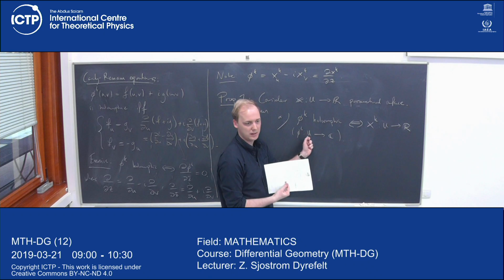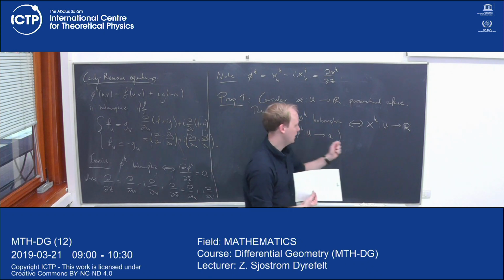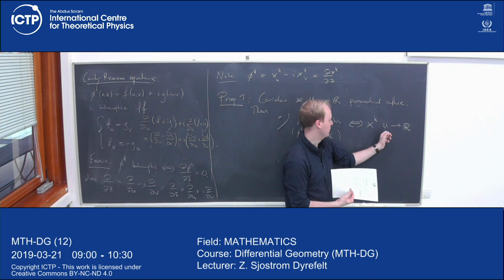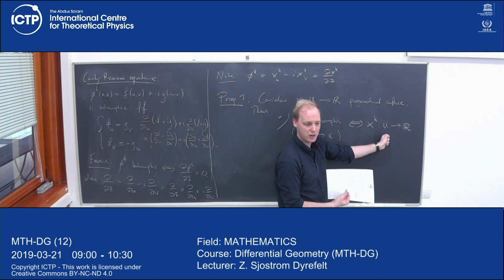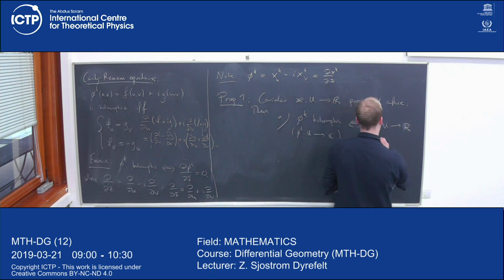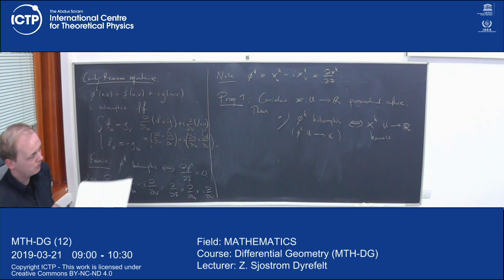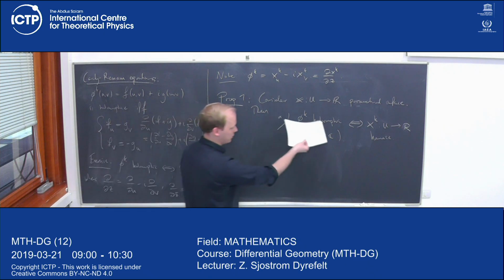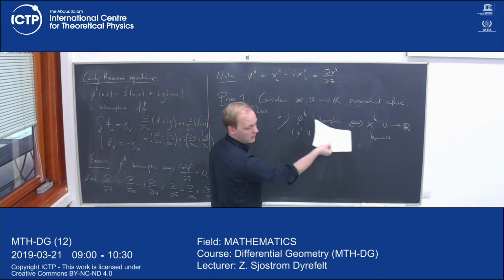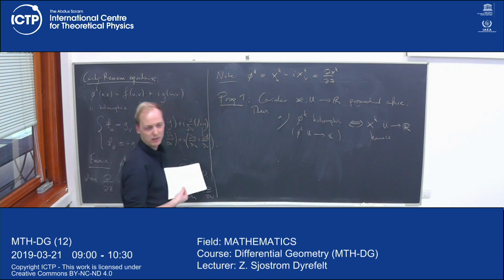Here we think of U as lying in R^2, and here we think of U as lying in C. Okay, so this is equivalent. This new complex-valued function that I've introduced is holomorphic if and only if the x_k are harmonic.